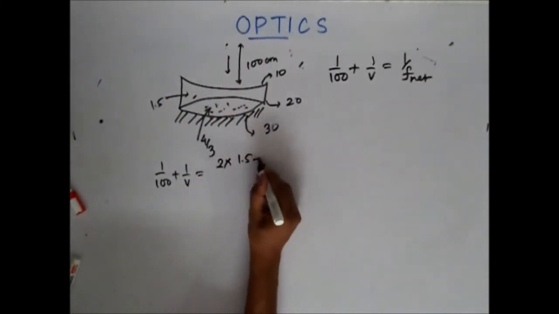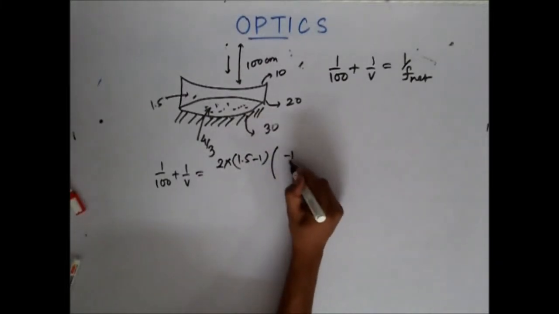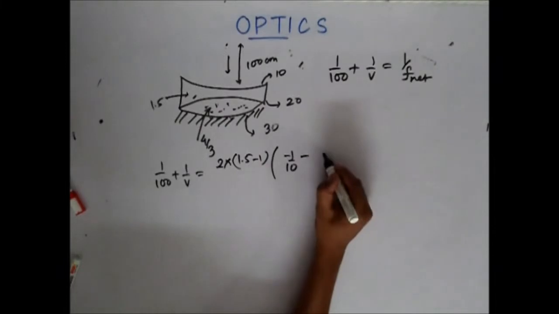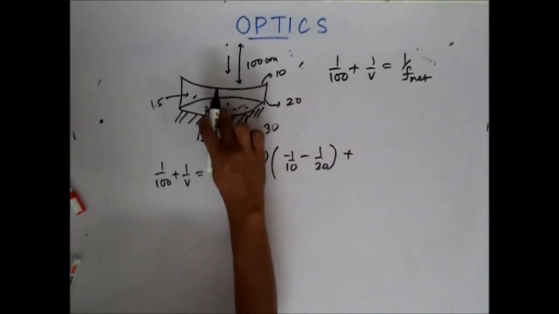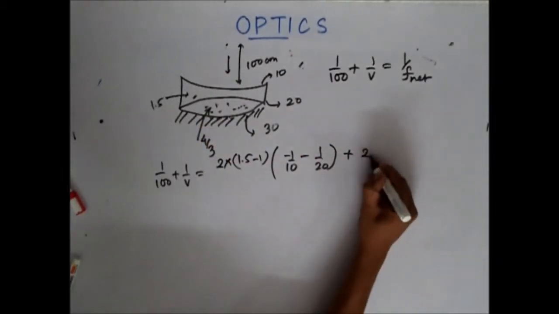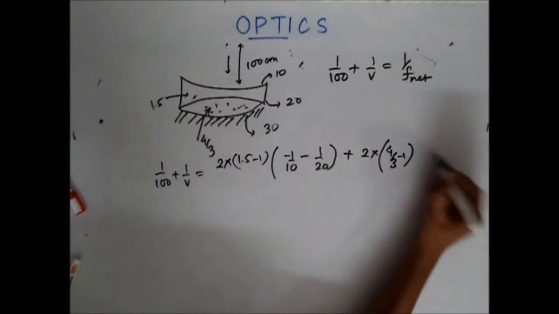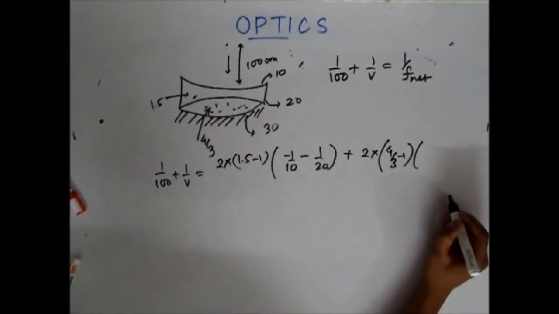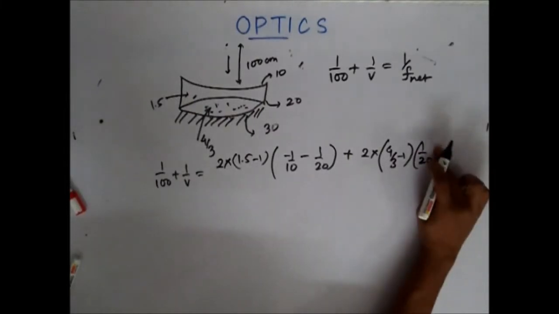So it's 1.5 minus 1, into 1 by r1. R1 is what? It's negative, minus 1 by r2. R2 is positive. Plus this again has refraction twice, so twice into 4 by 3 minus 1, into 1 by r2 is positive, minus 1 by r3.